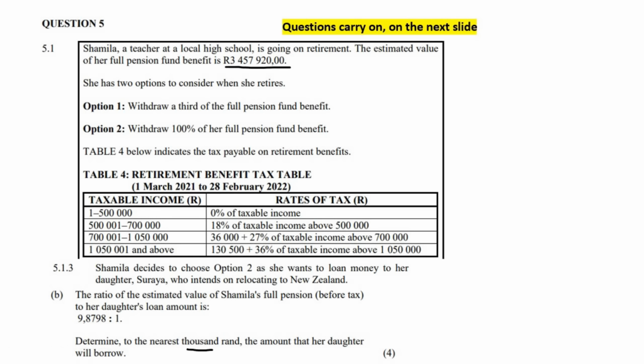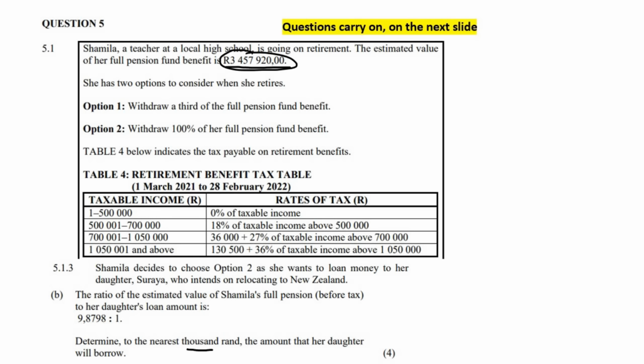Okay, so what this is trying to tell us, guys, is that the value of Shamila's pension is going to be 3.4 million, and then the daughter's loan is going to be 1. So the pension is the much larger amount.